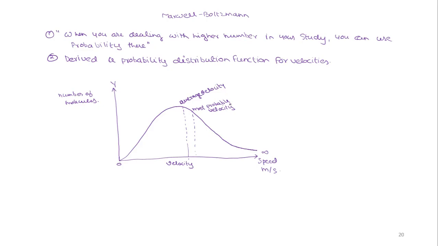This graph is not symmetrical, and due to the non-symmetry present in your graph, you have a different value for average velocity and a different value for most probable velocity. If it were a symmetrical graph, your average velocity might be the same as the most probable velocity. These two lines would have been the same.